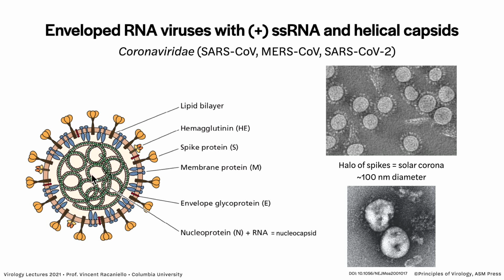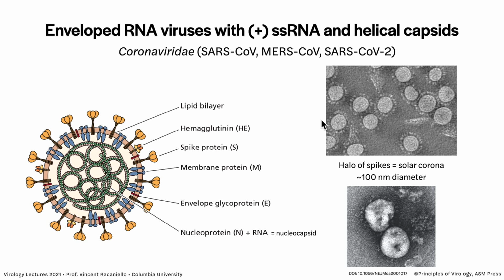This RNA protein complex is a helix, and it's a nucleocapsid. See, nucleoprotein plus RNA is a nucleocapsid because it's a substructure. If the virus were just the naked RNA protein, it would just be a capsid, but that wouldn't occur in animal viruses, right? The plant viruses are the only ones with naked capsids of RNA proteins in a helix like this.